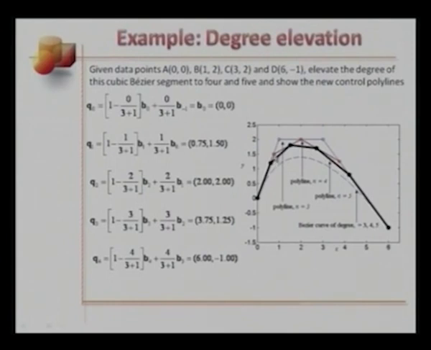The control polyline in red here, which has this data point, this one, this one, this one, and this one, represented respectively by Q0, Q1, Q2, Q3, and Q4, represents the polyline for a degree 4 Bezier curve. And notice that the degree 4 Bezier curve would be the same in shape as a degree 3 Bezier curve. There's no shape change.